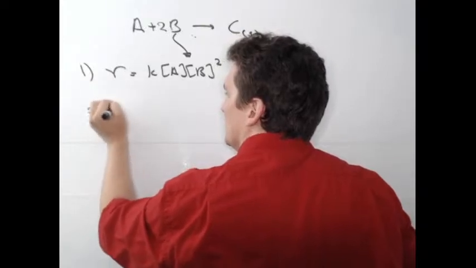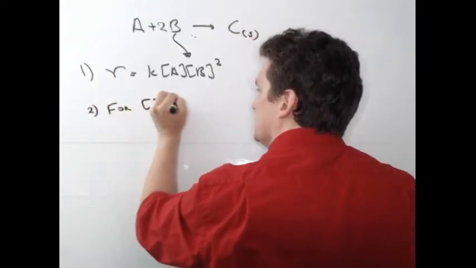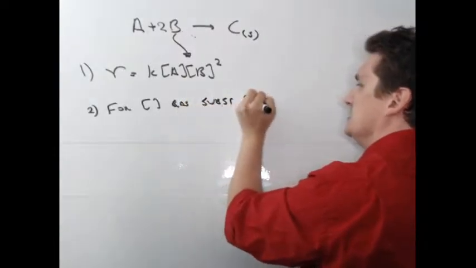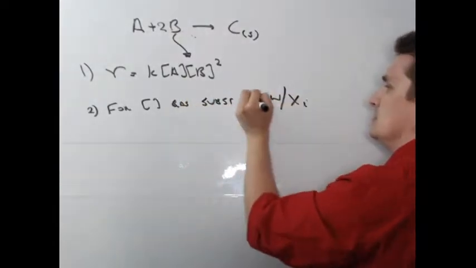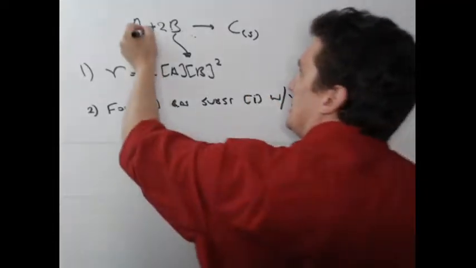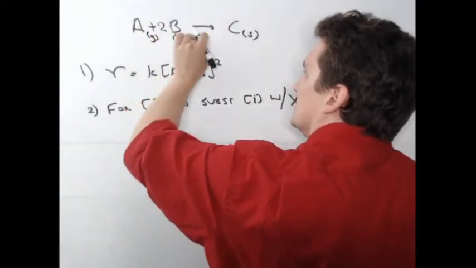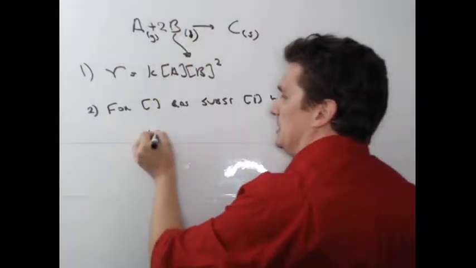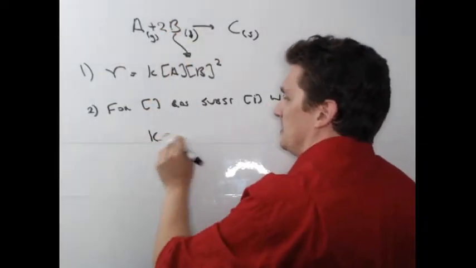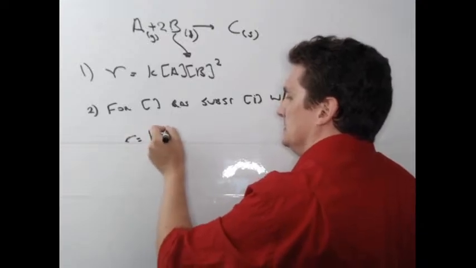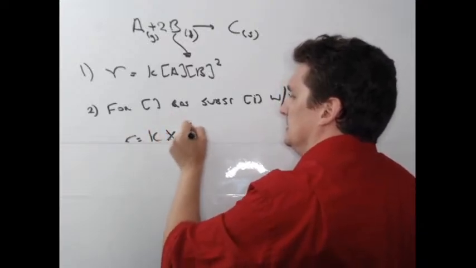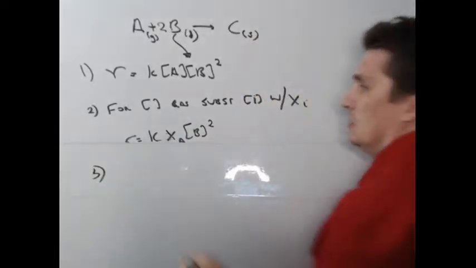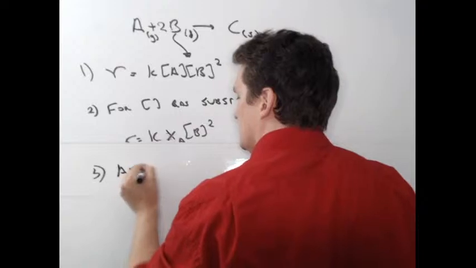Step 2, for the concentration of gases, you're going to substitute the concentration with the mole fraction. So let's say now A is the gas and B is a liquid. So in this step we would get R equals K XA B squared.